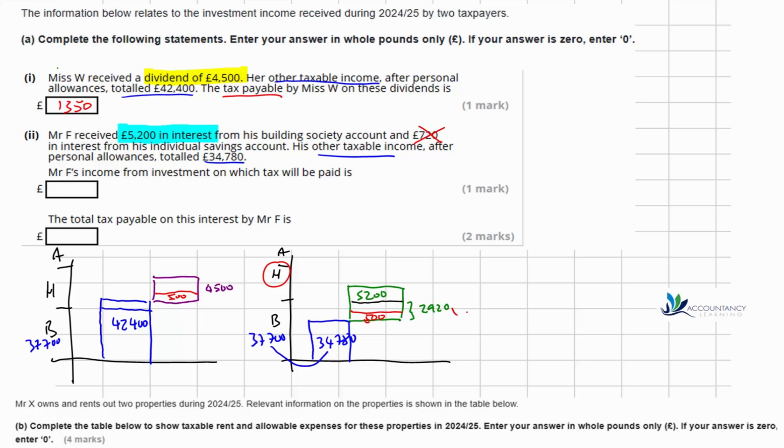Of that, 500 is tax-free, because that's part of our allowance. And then of the rest, we've got 2,420. That's going to be in the basic rate, so that's going to be taxed at 20%.